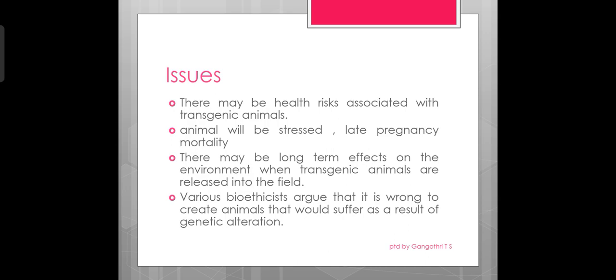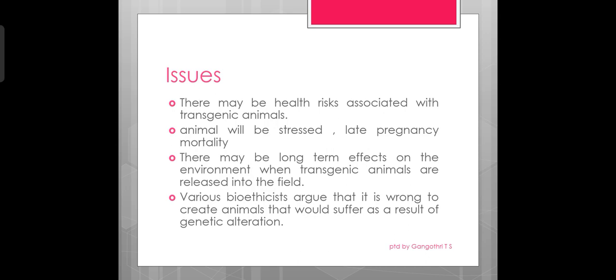There may be health risks associated with transgenic animals. For example, oocyte extraction from donor animals is usually surgical, so the animal will be stressed during recovery. Then pregnancy in surrogate mothers is prolonged, with heavy painful birth, abnormal fetal development and late pregnancy mortality, and health problems during life due to respiratory problems and some immune system deficiency, etc. The continuous breeding needed simply to maintain transgenic lines is wasteful of animal life.